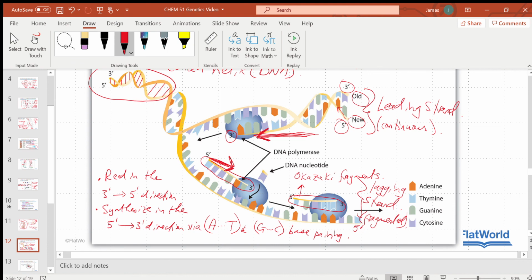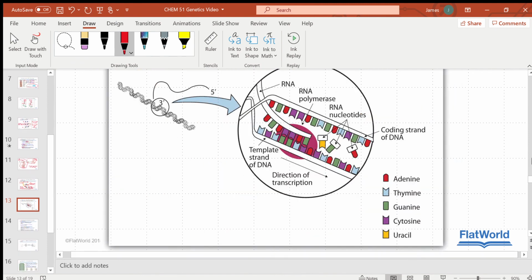If you only read in the 3 to 5 direction, you only need one mechanism. And the fact that this is what we see, this is what won, so we can assume that the other one was less faithful and lost the battle for evolutionary supremacy. Okay, so leading and lagging strands.